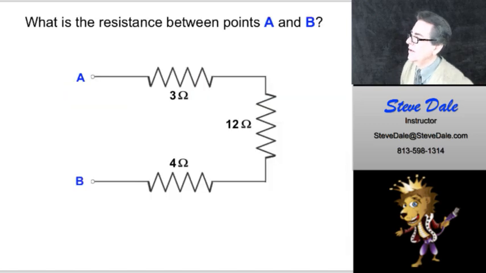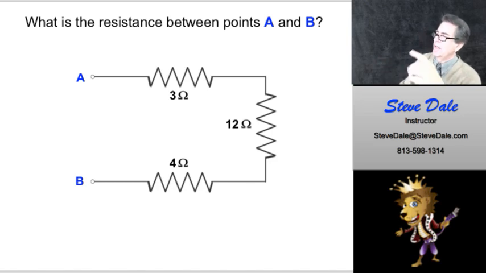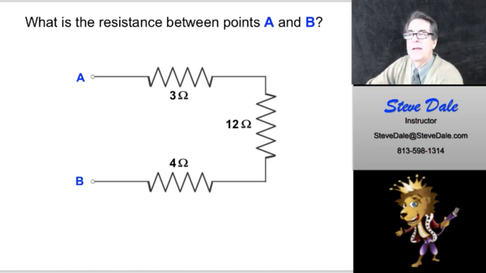Okay, let's look at this image here. Whenever you measure resistance, you measure it without power in the circuit, because that would cause a problem. You have to remove all the power. So let's say, what is the resistance between points A and B here? Between A and B, it's a series circuit. There are three resistors: one is 3 ohms, another is 4 ohms, and one is 12 ohms. You add them all together.